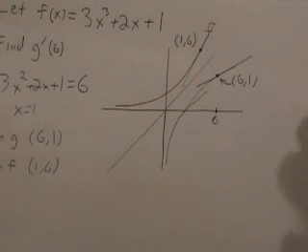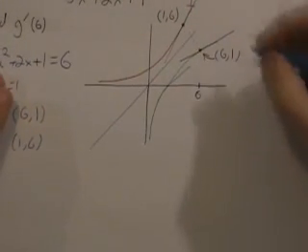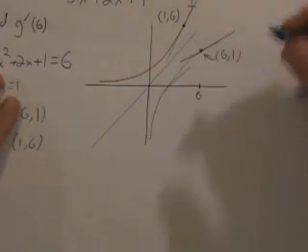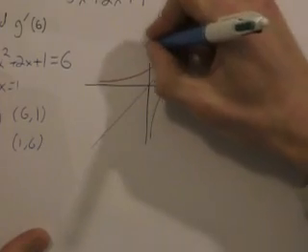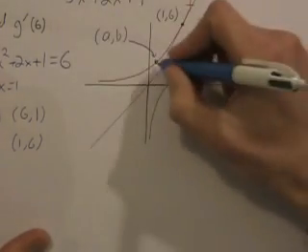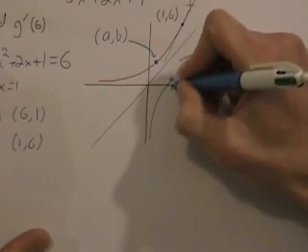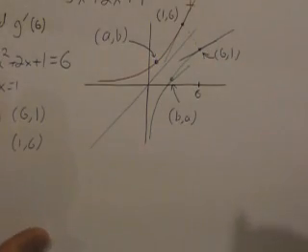Turns out they are reciprocals. What we get out of this is that if there's some point (a, b) on f, that must mean there's (b, a) on g.